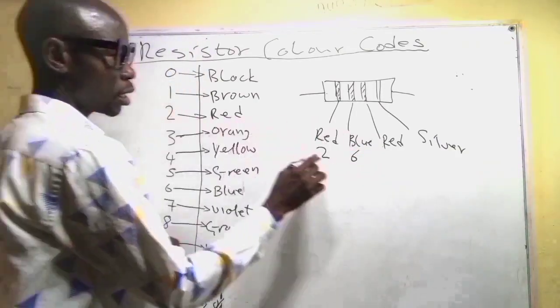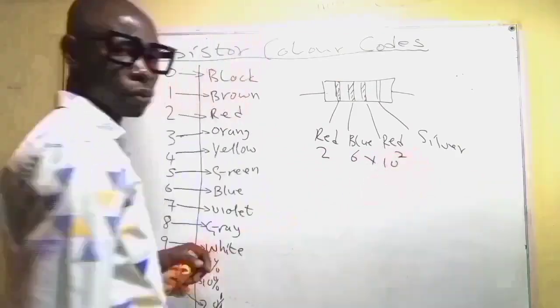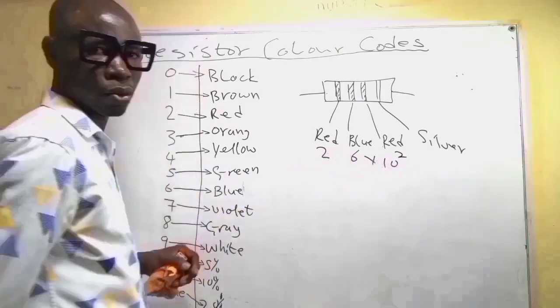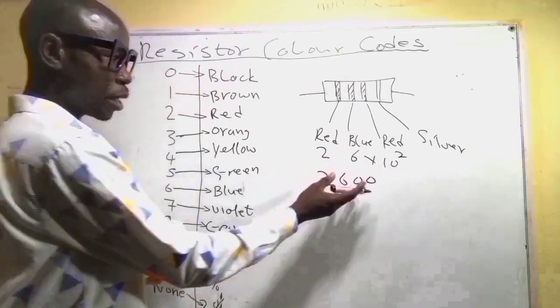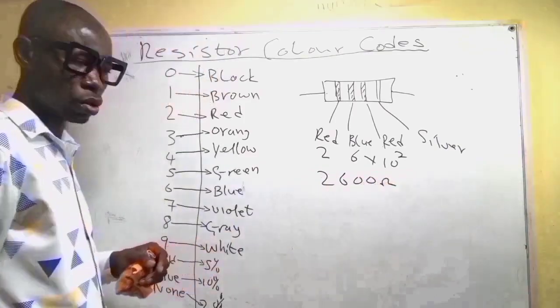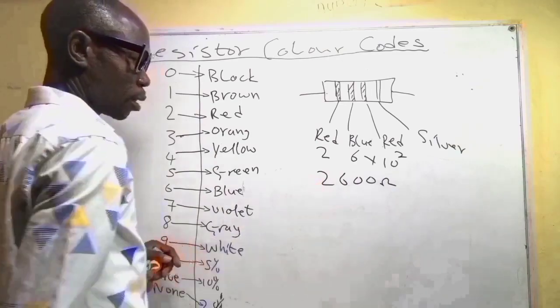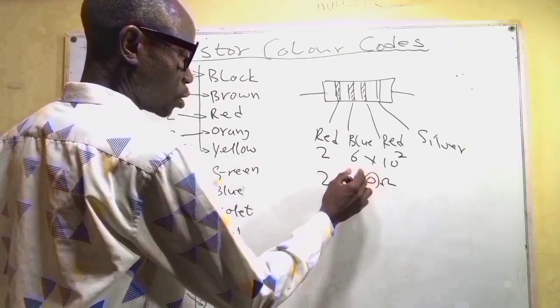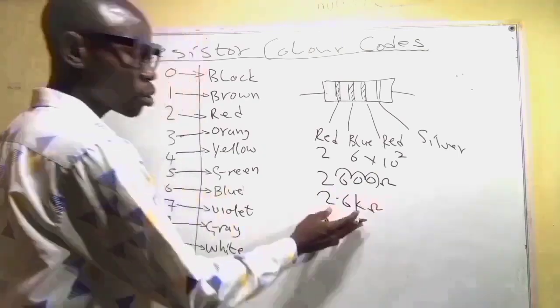Another red is 2, so it's times 10 to the power 2. And that is 2600. Then you bring the SI unit, ohms. So you can convert it to K, and it will be 2.6 kilo ohms resistor.